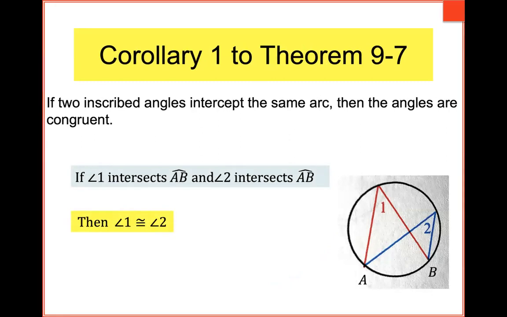If you have 2 angles that intercept exactly the same arc, in other words, they form the same arc, then the 2 angles have to be congruent. The 2 angles have to be both inscribed. You can't have a central angle and an inscribed angle. So both angles must be inscribed angles. They both must make the same arc. Look, both the red one and the blue one there make arc AB. Therefore, 1 is congruent to 2. Second shape.